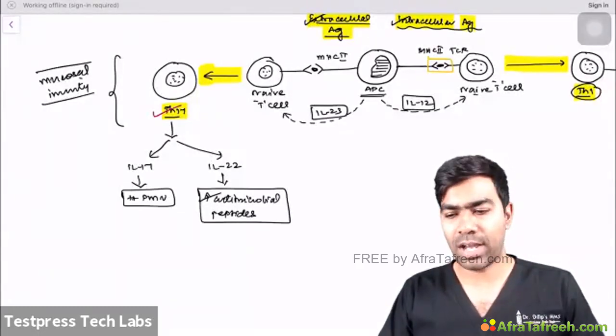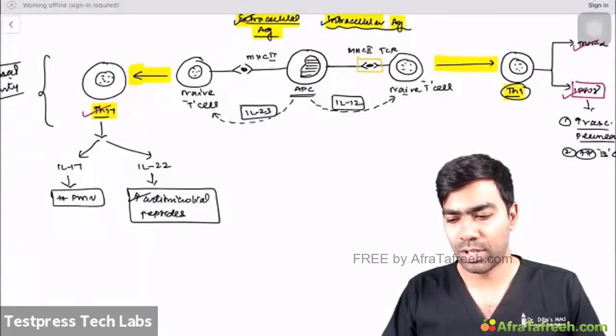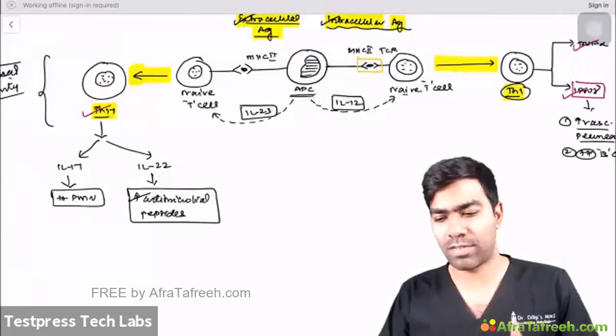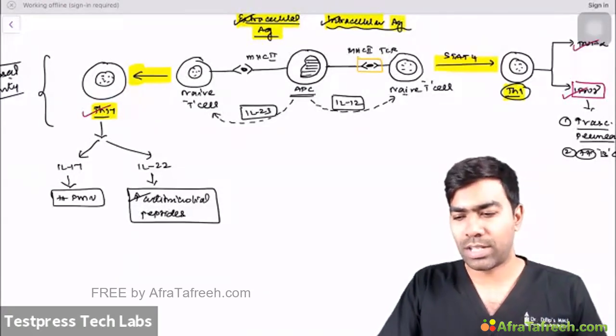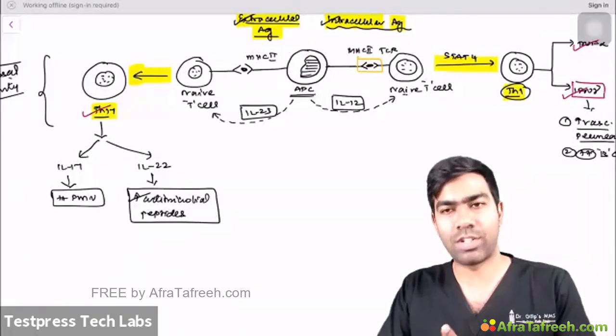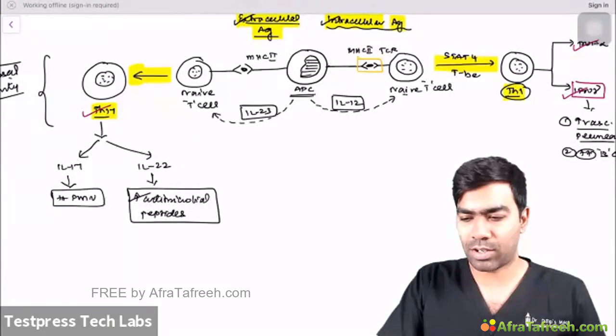And apart from that, we have a T helper 2 response and a T regulator response also. But before that, let us see the molecules that are important for T helper 1 differentiation from the naive T cell. Of course, you have a molecule called STAT4 that is important for differentiation of the naive T cell into a T helper 1 cell. STAT4 is a transcription factor, and you have another transcription factor called T-bet.